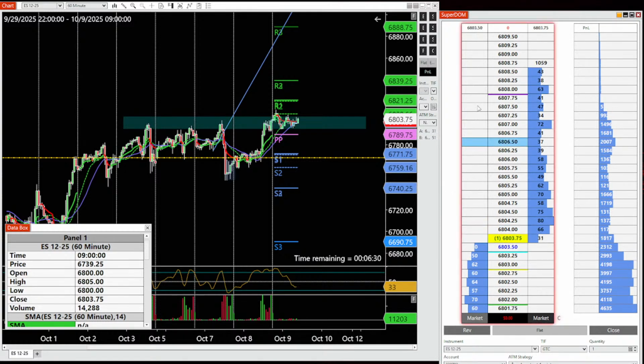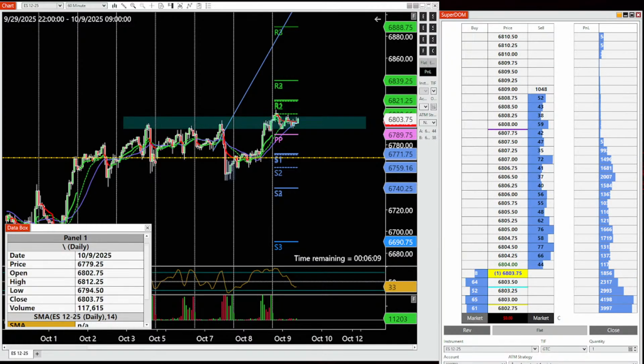Can we get from here to here? Looking at the daily highs, 775 is there. Can we get from here to there? Looks like it wants to go.